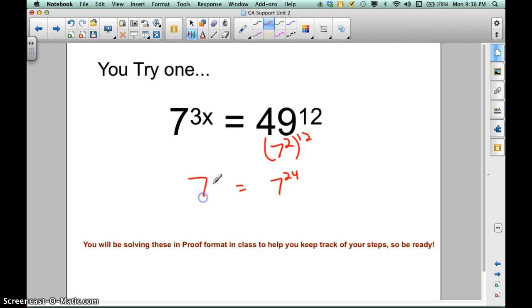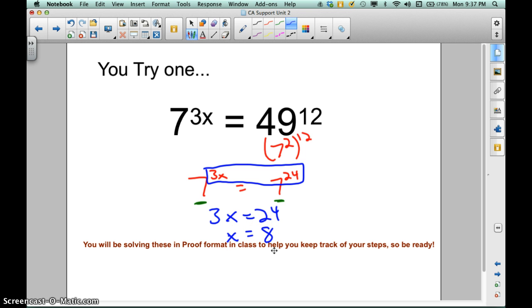But look, this side already has a 7 as a base. My bases are the same, so I get to ignore them now. And I have exponents that I'm going to box in, and I know that 3x is equal to 24. Divide 3 on both sides, and you get x equals 8.